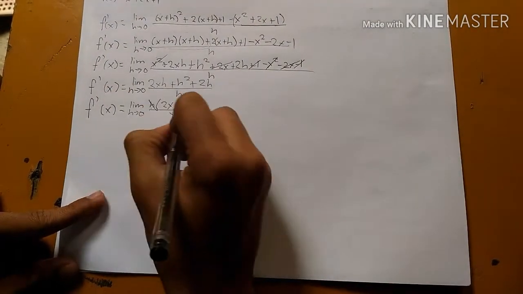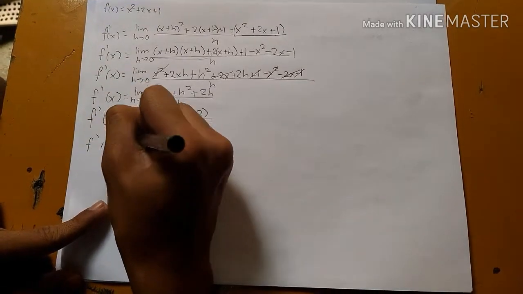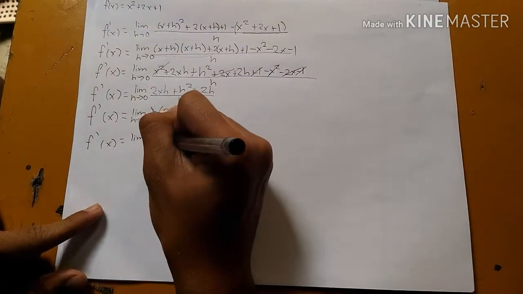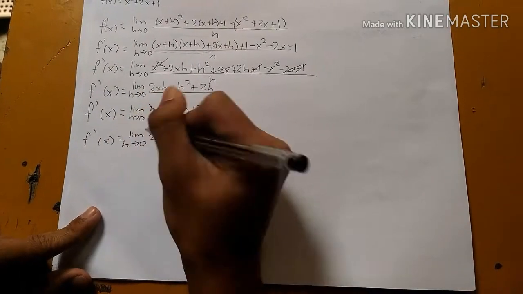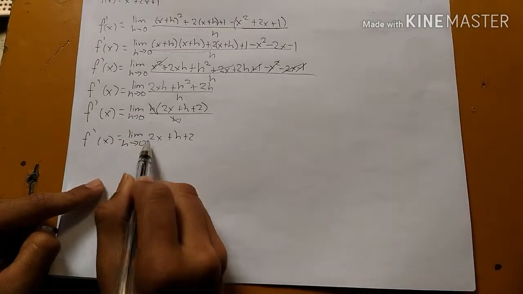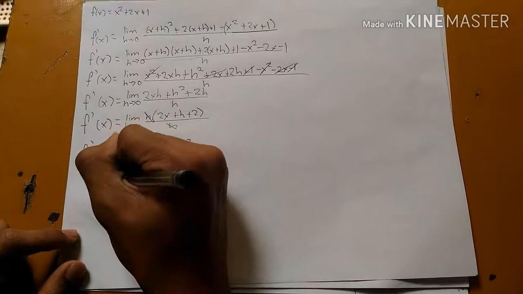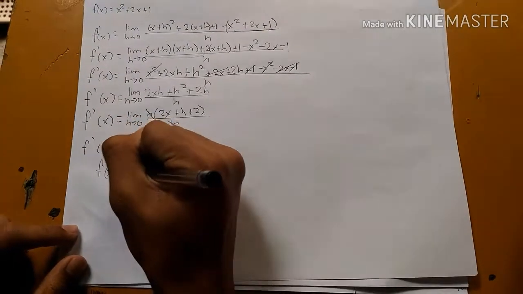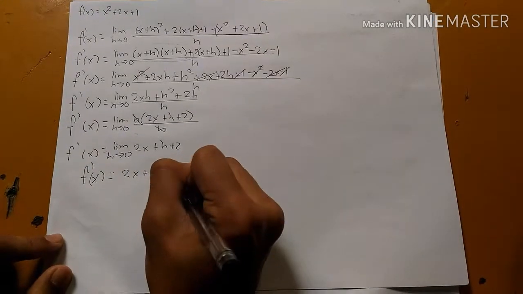Now all that is left is f prime of x equals the limit of 2x plus h plus 2 as h approaches 0. Next, we have to replace h with 0. It will turn to f prime of x is equal to 2x plus 0 plus 2.